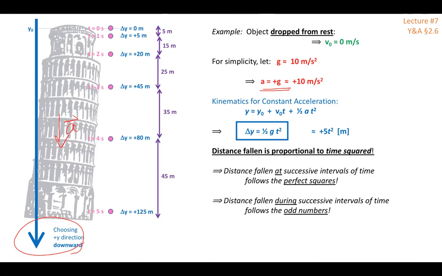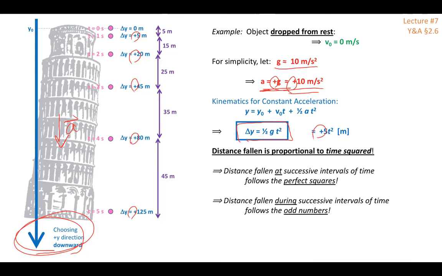So therefore, the acceleration of this falling body is going to be positive g, positive 10 meters per second squared. G is always a positive number. But the question is, is acceleration equal to negative g or positive g? And in this case now, it's equal to positive g because it's in the direction of the positive y-axis. In that case, the displacement will always be positive. So all of these displacements now are all positive quantities.